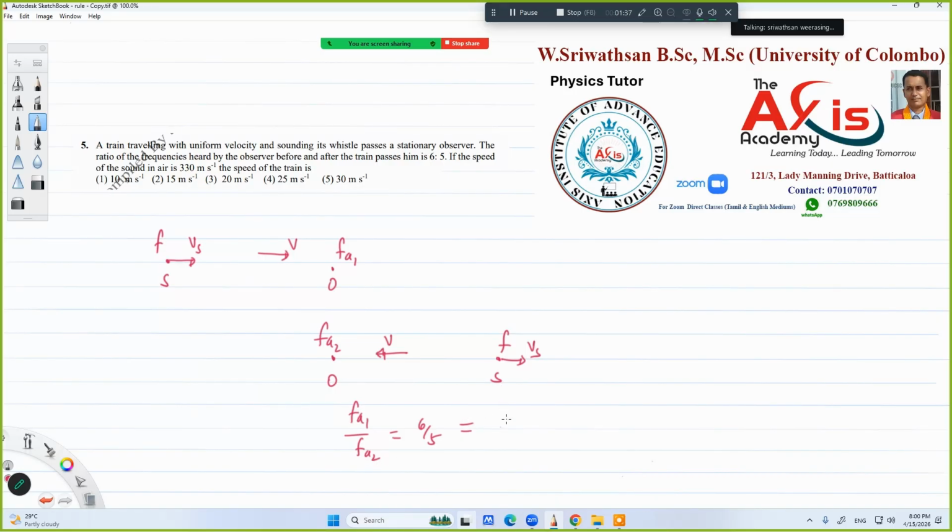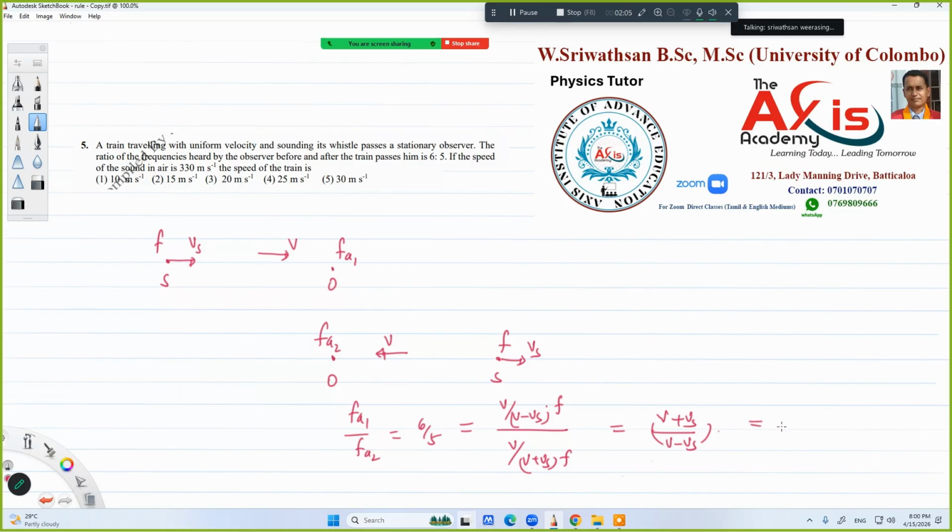FA1 is V over V minus Vs into F, and FA2 is V over V plus Vs into F. From this we have an equation: V plus Vs over V minus Vs, and that is 6/5.